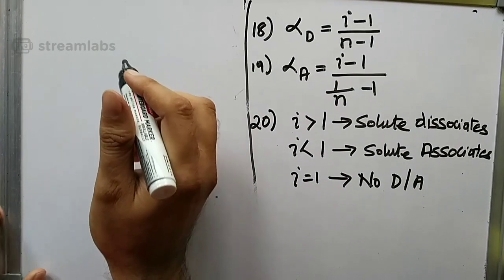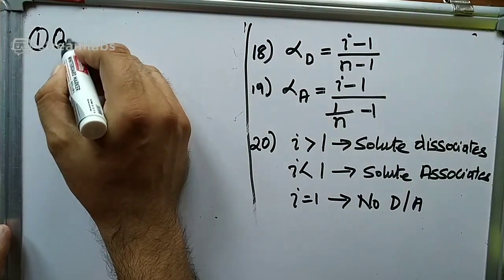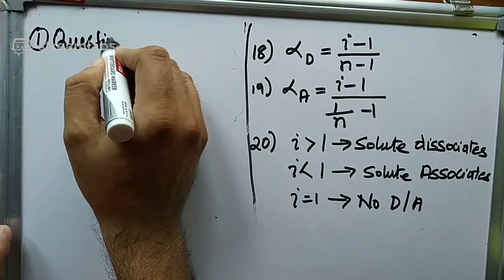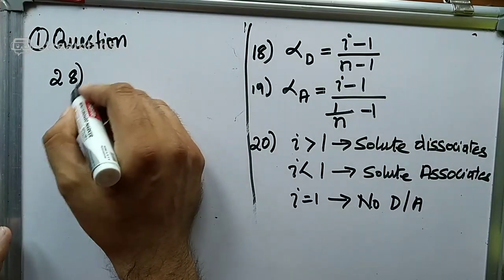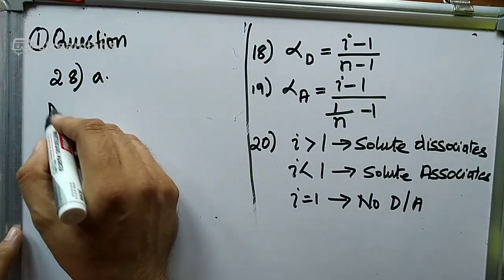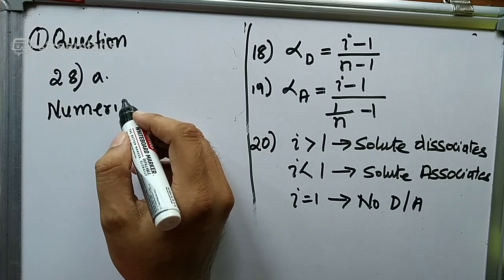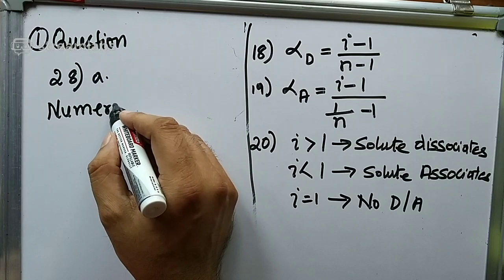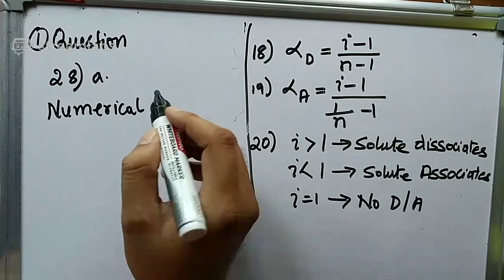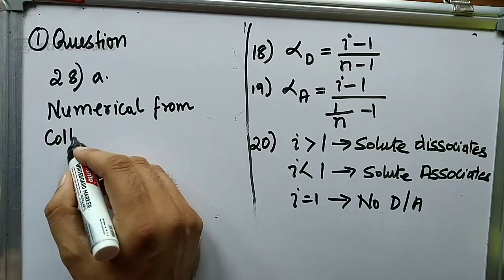So usually for your board examination, one question in question number 28, A will be a numerical from colligative properties.